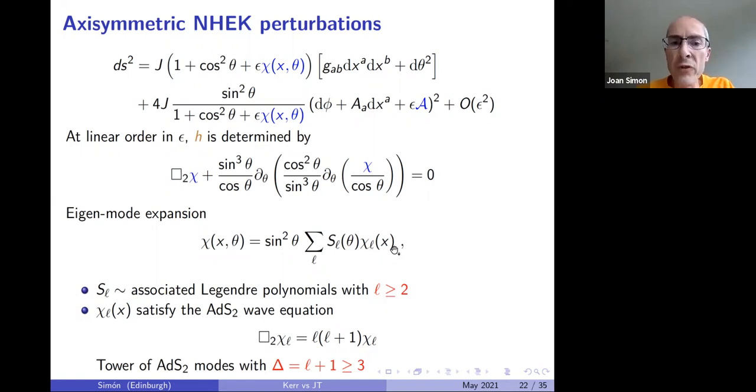Okay, what about the AdS2 perturbations? The good news is that after separation of variables, you have introduced this separation constant l, which is quantized. This gives rise to a mass term in AdS2, and you get an AdS2 wave equation. So you get a tower of AdS2 modes. And since l is greater than or equal to 2, the Delta that you would use in AdS/CFT, Witten's formula, would be l plus 1, so it's greater than or equal to 3.